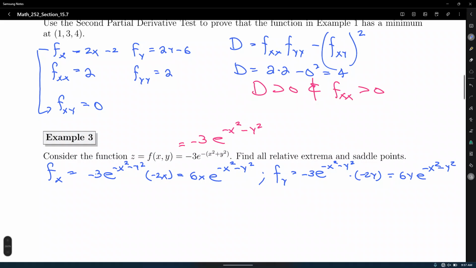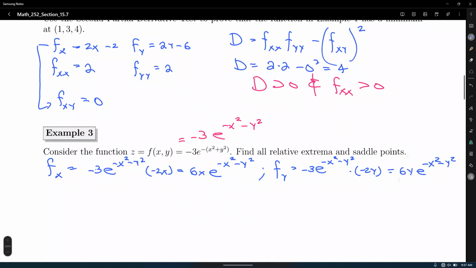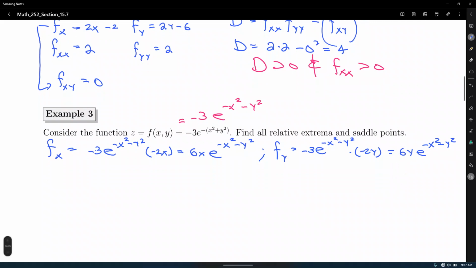Now we need to create a system of equations. Actually, let's do that later. Let's take the second partial derivatives first. Okay, so let's find f twice with respect x. So we already did the first derivative with respect x. So which differentiation rule do you think we should use to differentiate a second time with respect x? Product rule.